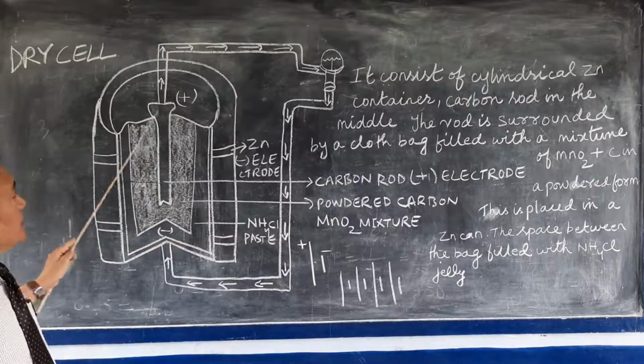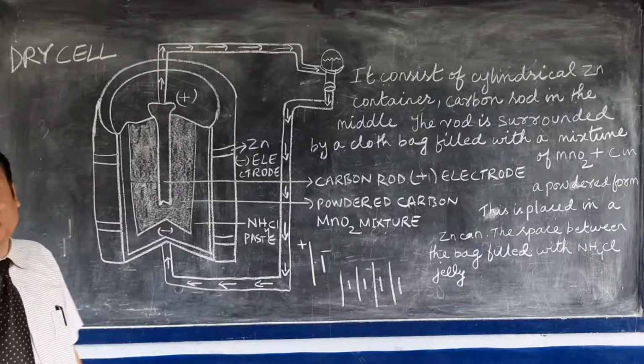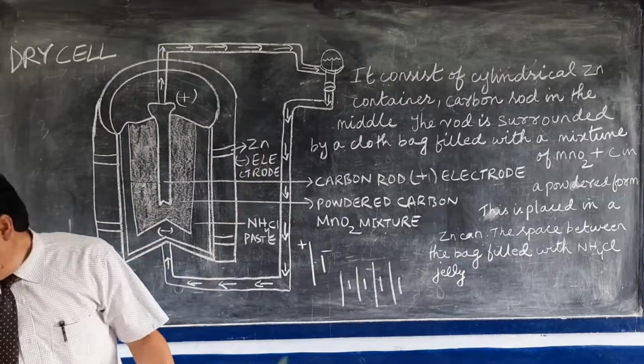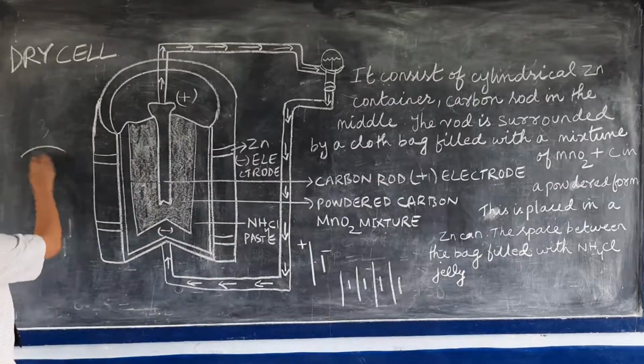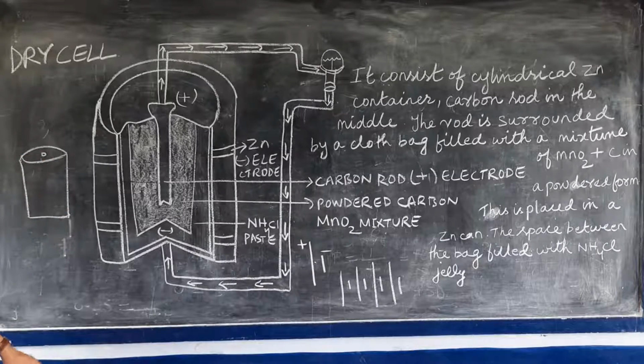Now this dry cell consists of a cylinder. The entire part is a cylindrical zinc container, in the shape of a cylinder like this. You have seen the battery; a battery is always in cylindrical shape.